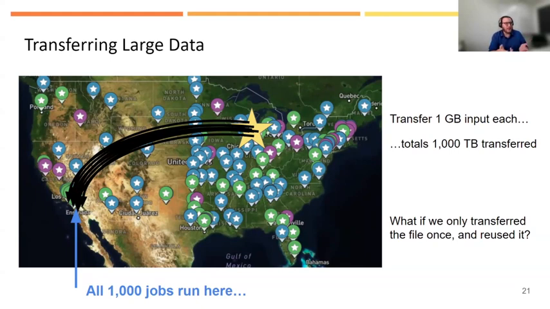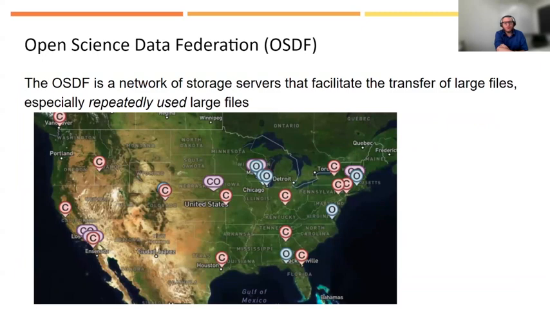It could be the container that contains the software that's used to execute your calculation. What if instead of transferring that same file every single time a job starts, we transfer it once to that same server and then just reuse it, or transfer it to a much closer server and reuse it?